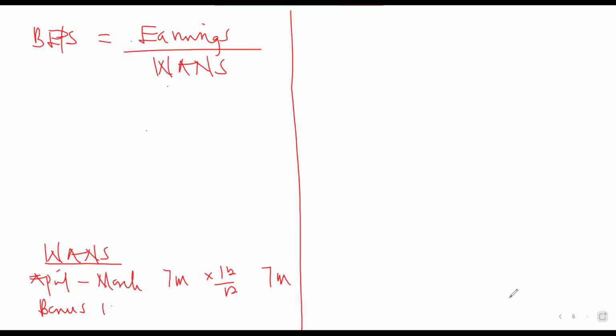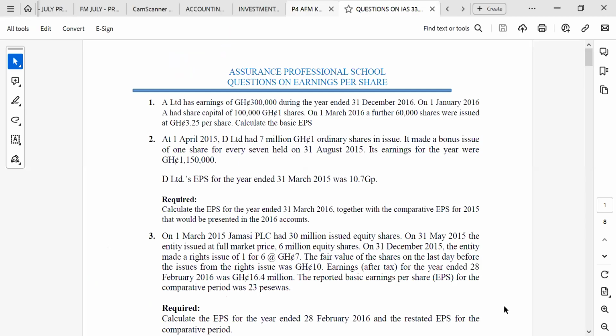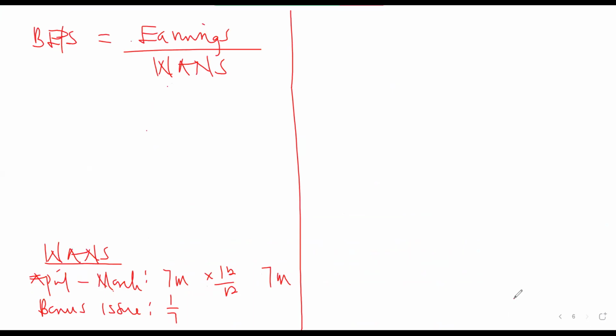What will be the bonus issue? What is the proportion of the bonus issue? One is to 7. So that will be 1/7 multiplied by 7 million. This is based on this one, so it will also be 12 months. So that will be 1 million. Is that correct?